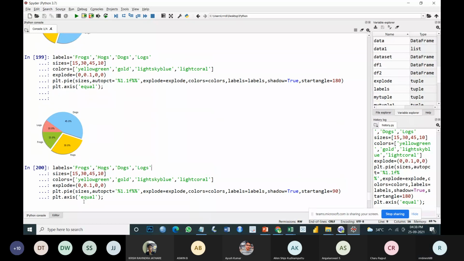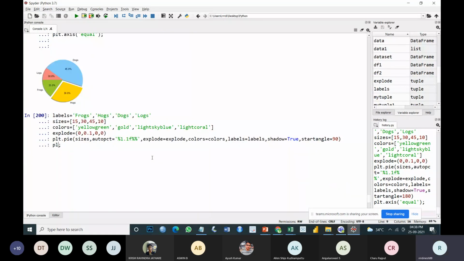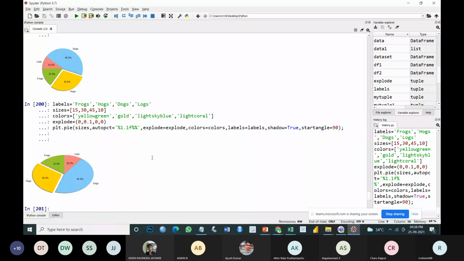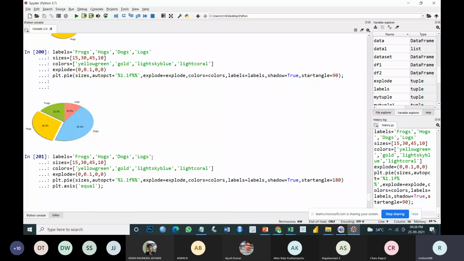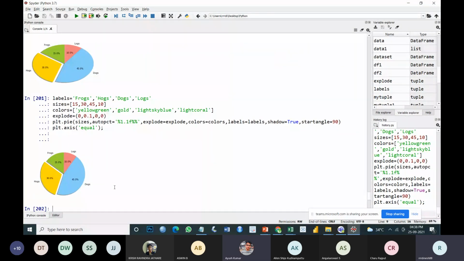And if we are not giving the equal axis, it won't get the round shape. If I remove this, we'll get an oval shape. So to avoid this, we give equal, and then only the round shape will come. So pie is a function name for the pie chart.